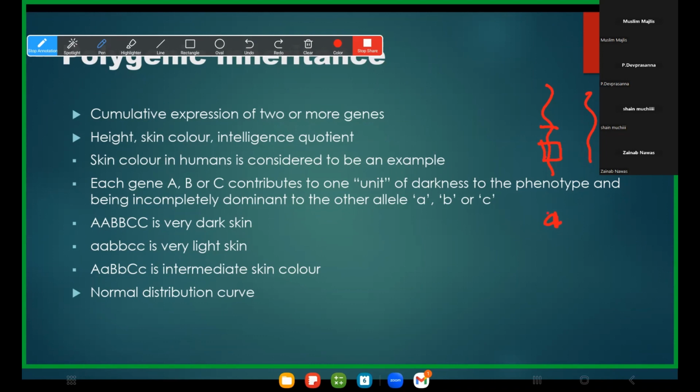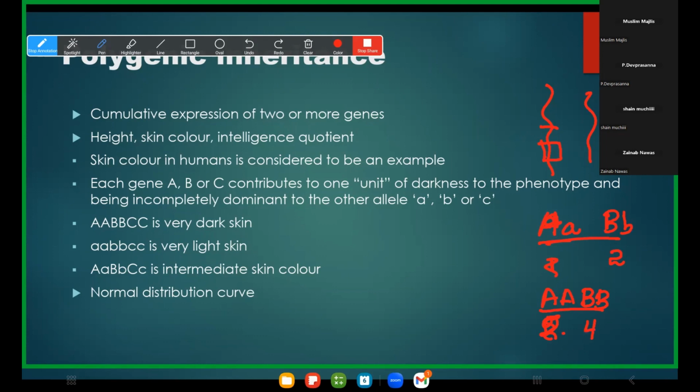If they are heterozygous dominant, then they are considered to be one unit. If they are homozygous dominant, they are considered to be two units. If all four are dominant, then they are considered to be four units.